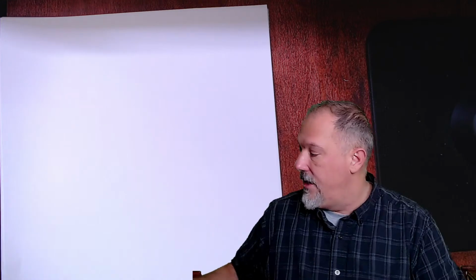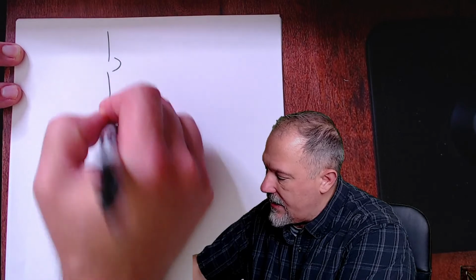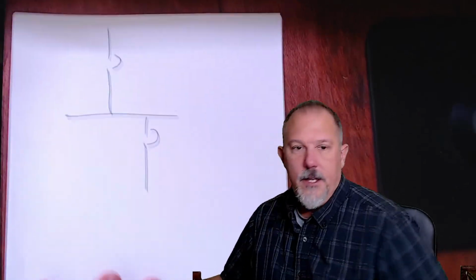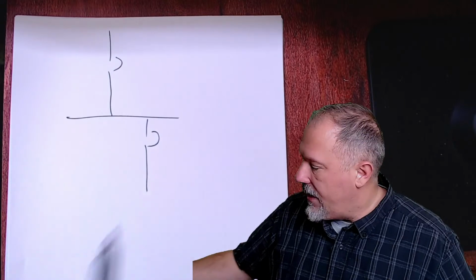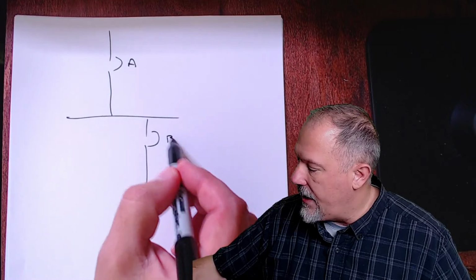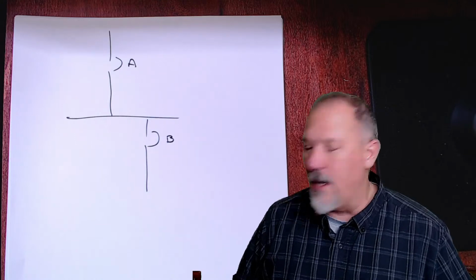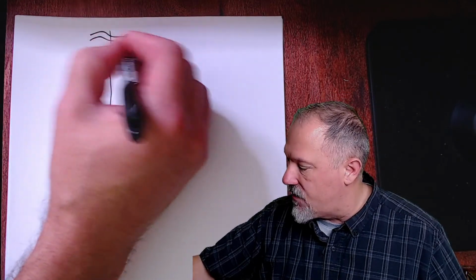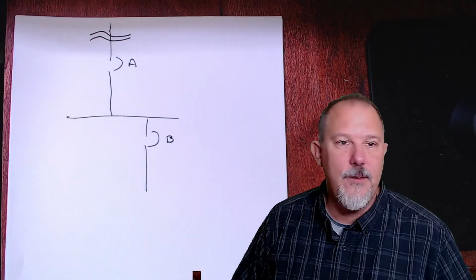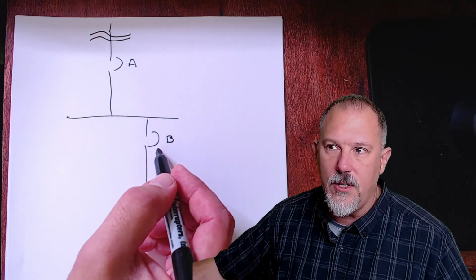Otherwise, no way to tell if a switch is in the same enclosure, a separate enclosure, right next to you, etc. So what he's talking about is when we do a one-line diagram, if I draw something like this, you might ask yourself, okay, Tom, are breakers A and B in the same enclosure? They look like they're in close proximity to each other on a one-line diagram, and I might show a transformer up here and say, well, they look like this would be the main and this would be a feeder or a branch circuit.